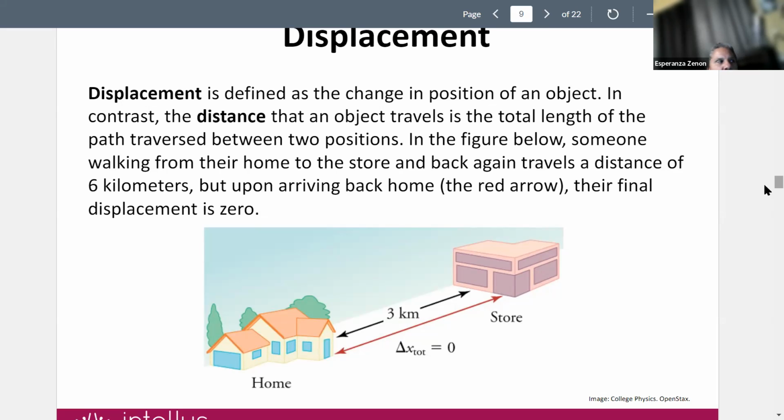See if you're thinking. Can you say that one more time? Yes. What conditions have to be met? What's the scenario that has to be present in order for distance and displacement to have the same size?